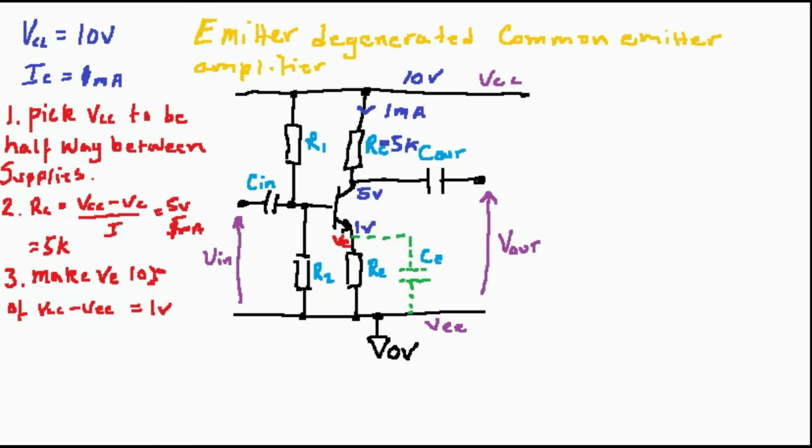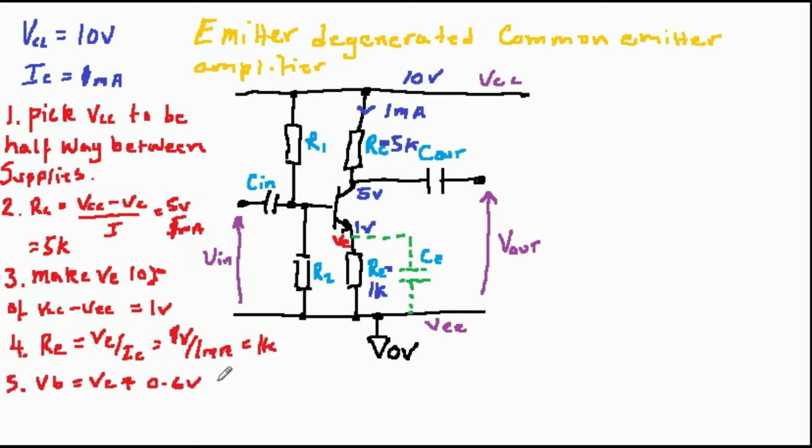RE is VE over IE, and IE of course is basically the same as IC, so this is 1 volt divided by 1 milliamp, which is 1 kiloohm. The voltage on the base is the voltage on the emitter plus 0.6 volts because of the base emitter diode. This makes VB 1.6 volts.